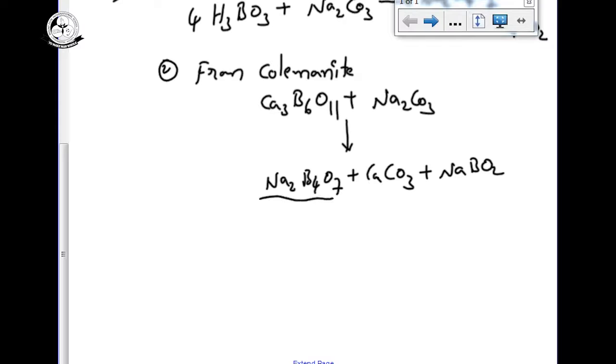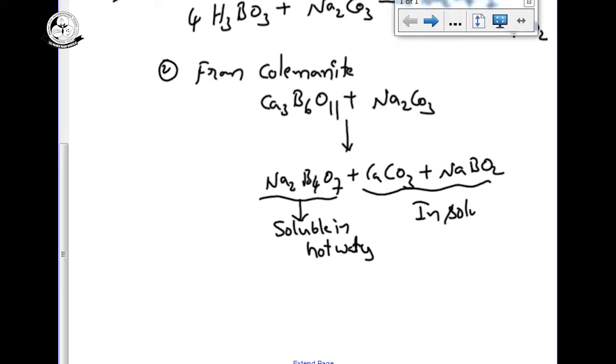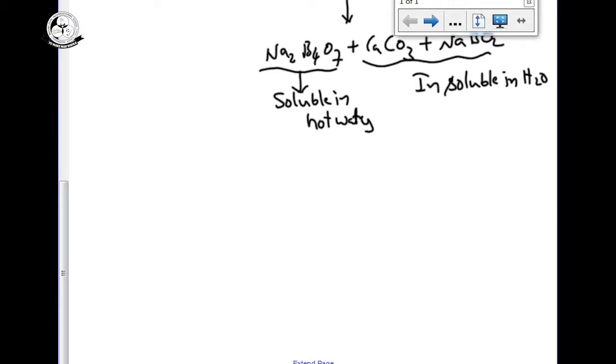We already know borax is soluble in hot water, and these two are insoluble in water. So we can filter, and the filtrate containing borax can be crystallized to get our borax.